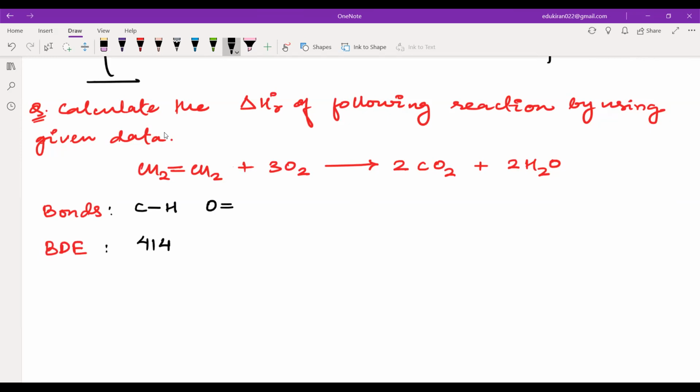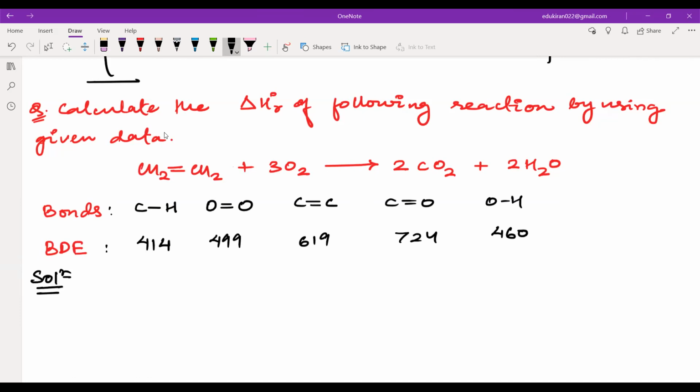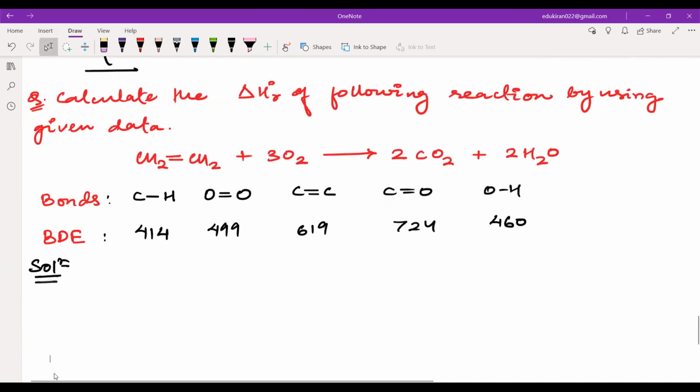The OO bond is 499. C double bond C, the bond energy is 619. CO bond energy is 724. And the bond energy of OH is equal to 460. So this is the problem. Now we are going to solve it. So write this problem, and then we will solve this.